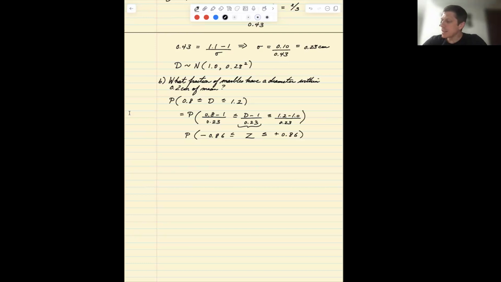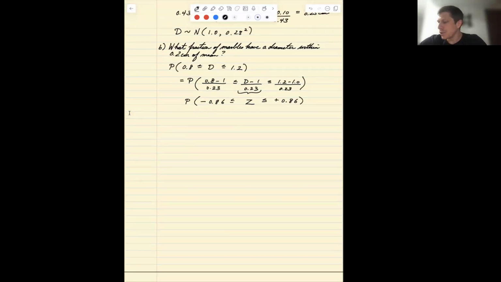And we can now express this in terms of the cumulative distribution function of the standard normal. And the way that we have to do that is we realize that this is equal to, first, the probability that Z is less than 0.86, but then we want to get rid of the probability that Z is less than negative 0.86.